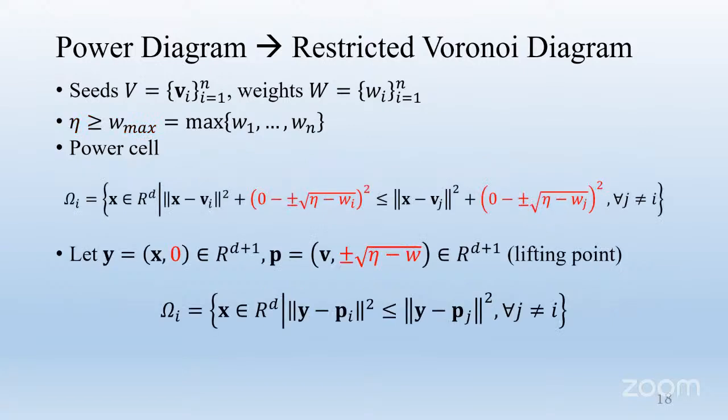Let's denote y and p like this. They are actually the points in d plus 1 dimensional space. We refer to p as the lifting point. So the definition of power cell can be finally rewritten as the bottom omega i.